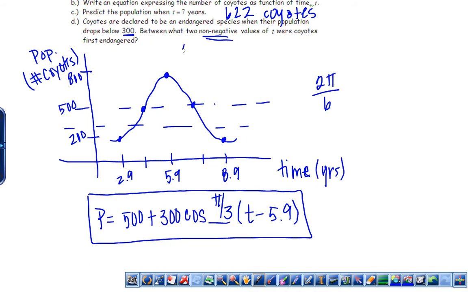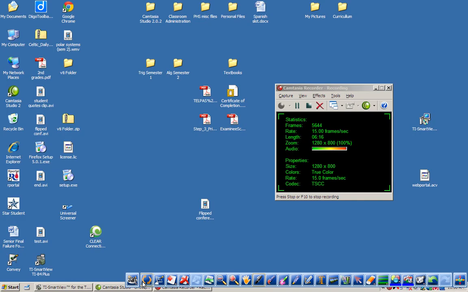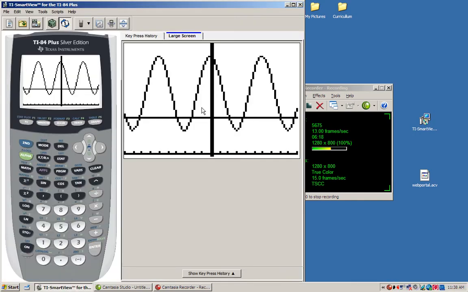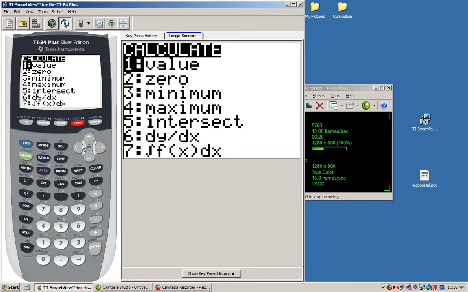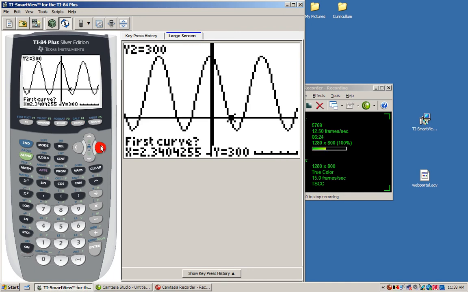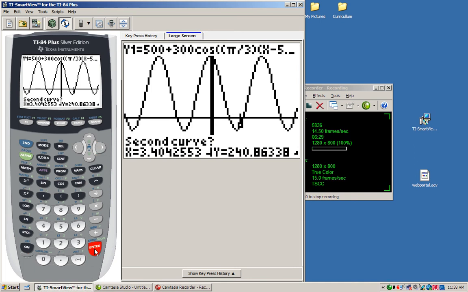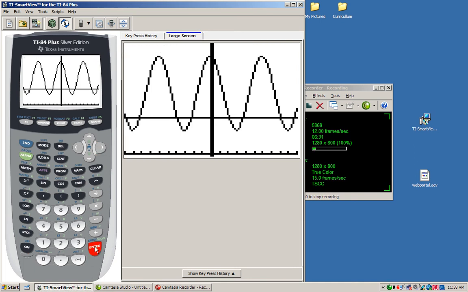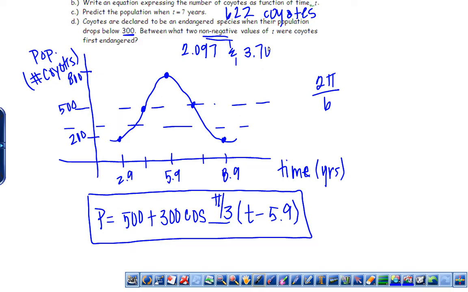Okay, the first one was 2.097. Go ahead and find your second intersection. It's 3.703. So between those values is where the coyotes are endangered.